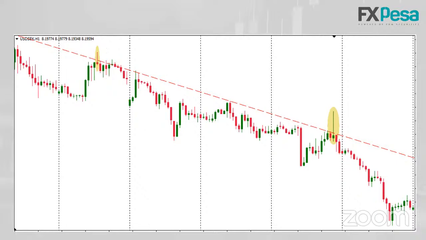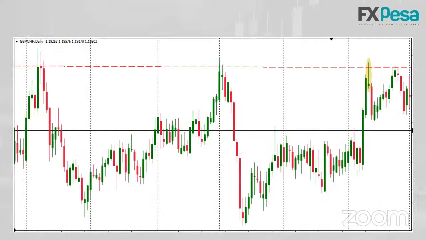Let us look at a range, or when the price is not trending to the downside. So check at the top of the range, you realize we have rejection candles. In this case, we do not really have that candlestick with a very long tail. We're just having a rejection from that zone.